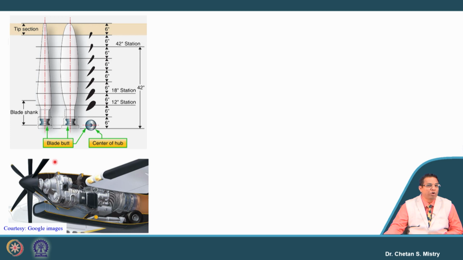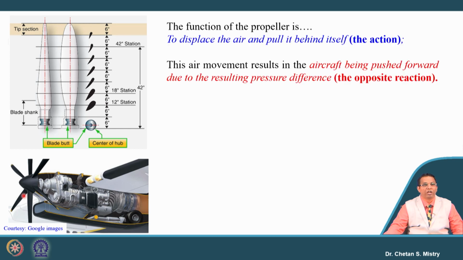Here, this is representing one of the cut sections where we have propeller blades. Six blades are connected here with the hub. Now the question is what we mean by propeller, or what is the need of a propeller. In conventional language, the main function of this propeller is to displace the air and pull it behind itself.